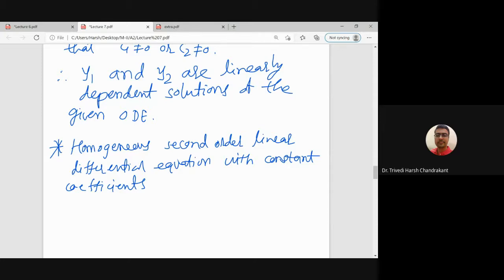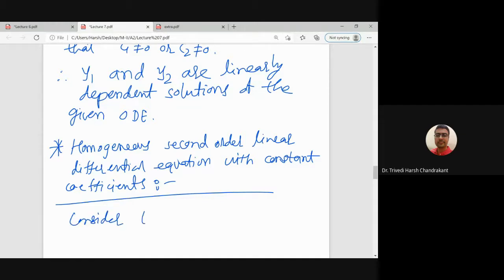So such a system, how to find the solution, right? So what do we mean by constant coefficient? Constant coefficient means the coefficient of y double dash, y dash and y is a number, right? So consider such an equation.